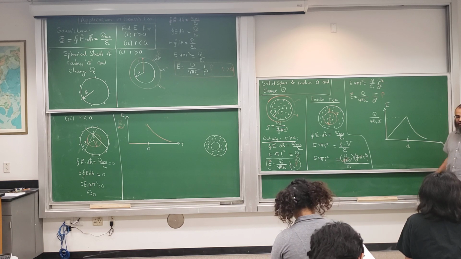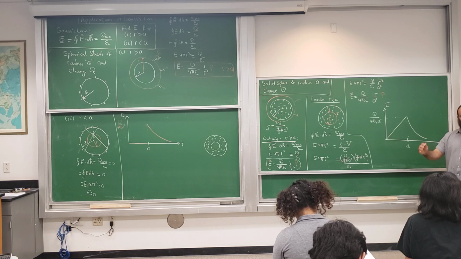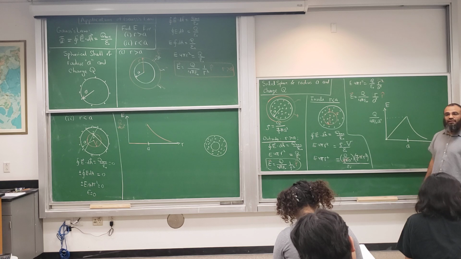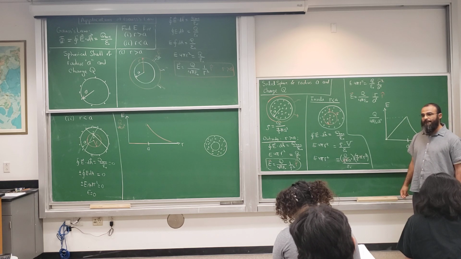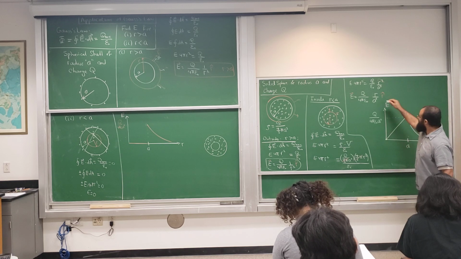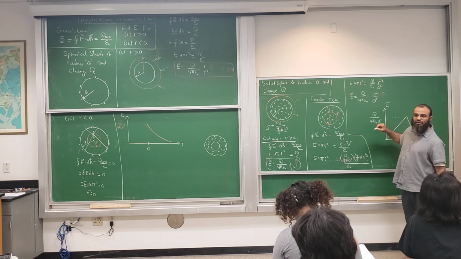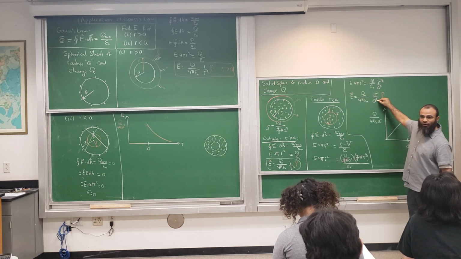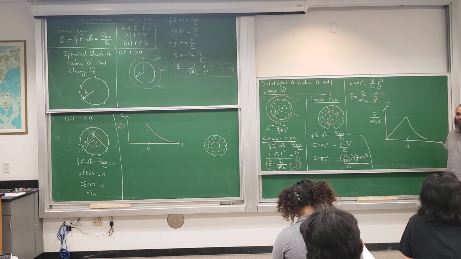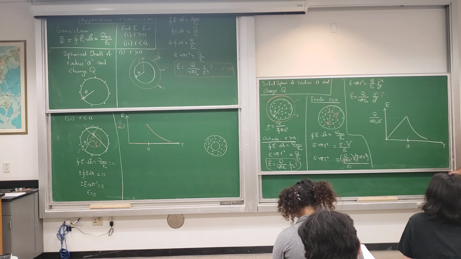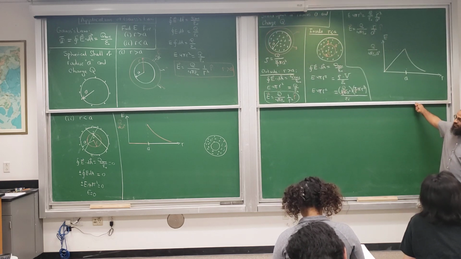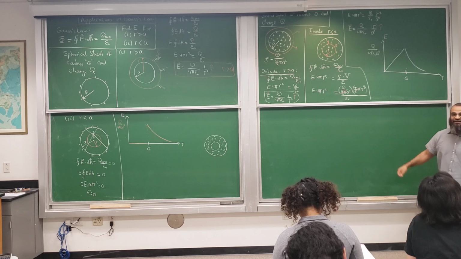This one is continuous. How does that grow linearly? It's proportional to R. The Q, 4 pi, A, they're all constants, except for R. Good. That's fine.